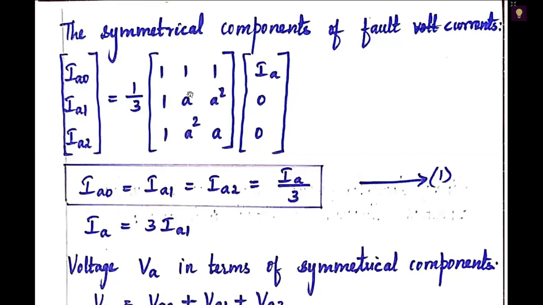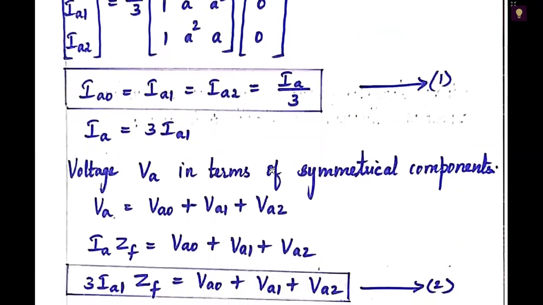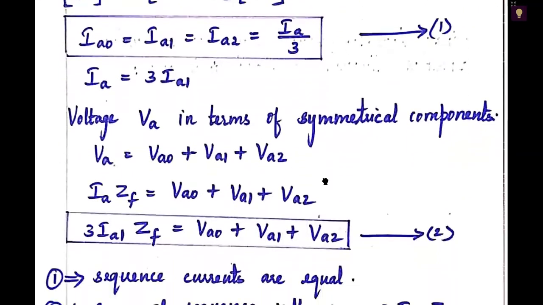IA1 is also 1 by 3 into IA. IA2 is also 1 by 3 into IA. So IA0 equals IA1 equals IA2 equals IA divided by 3, or IA is equal to 3 into IA1. This is one important conclusion that we have arrived at.